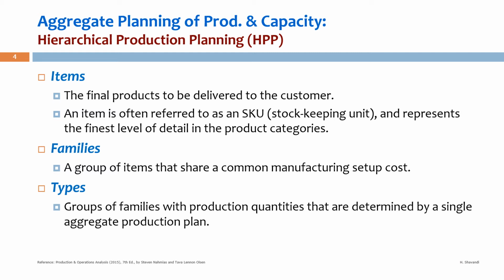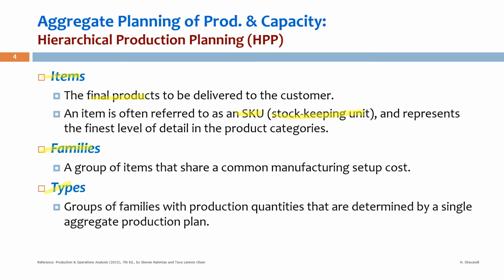Hierarchical production planning, HPP. In any hierarchical production planning, we have three levels for the planning. The first, or the lowest level, is the items. The items are the final products to be delivered to the customer, and usually we refer to them as SKU, or stock keeping unit.